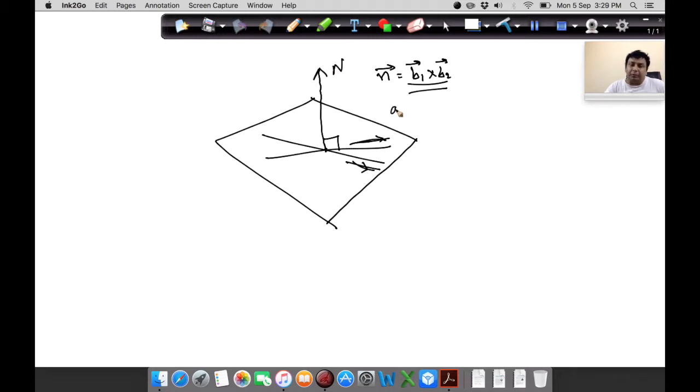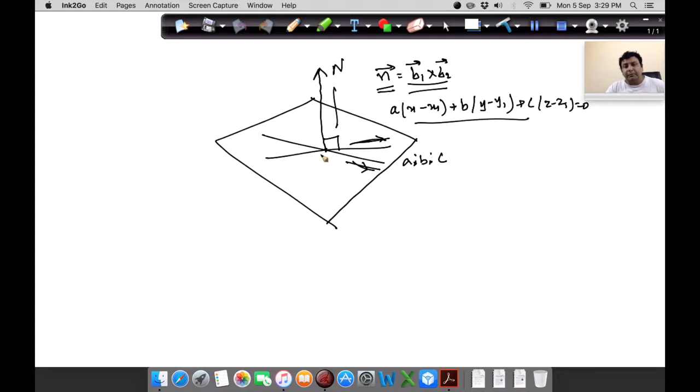Now the equation of a plane is A(x minus x1) plus B(y minus y1) plus C(z minus z1) equals 0. We use this equation where A, B, C are the direction ratios of the normal found through the cross product of B1 and B2, and x1, y1, z1 is the point through which the plane is passing and containing these lines of intersection. Fine.